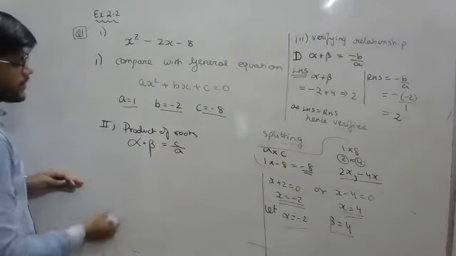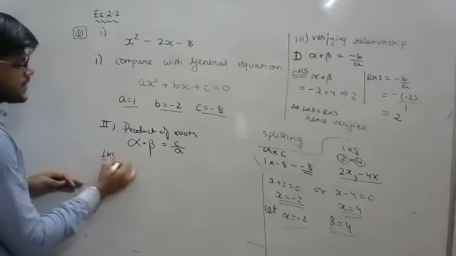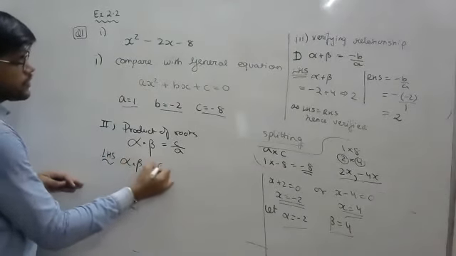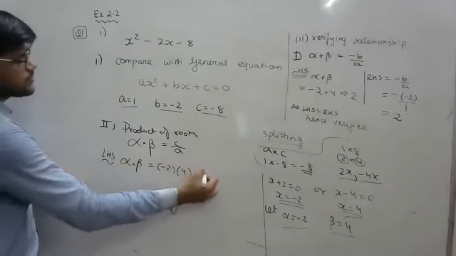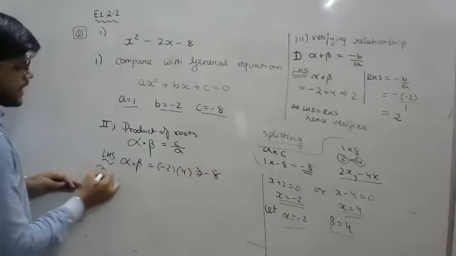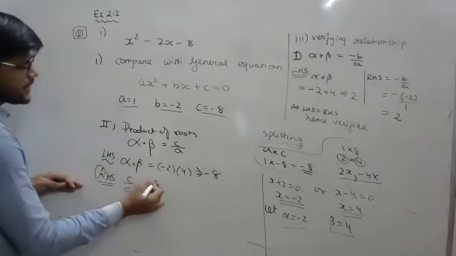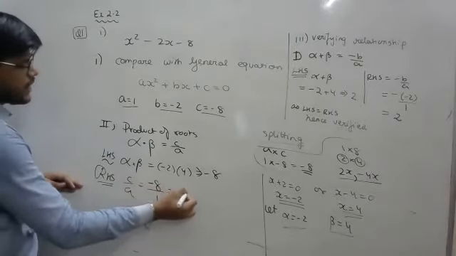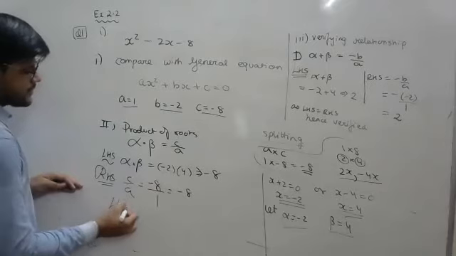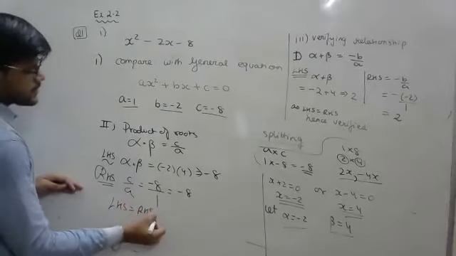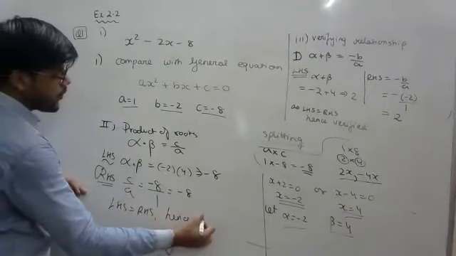You have to verify this. So we'll find LHS, alpha into beta. The value for alpha is minus 2 and beta is 4. So it is minus 8. And RHS, c by a. The value of c is minus 8 and the value of a is 1. So I'm again getting minus 8. LHS equals RHS. Hence, verified.